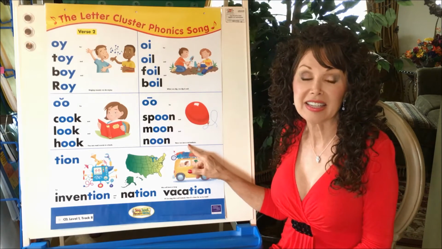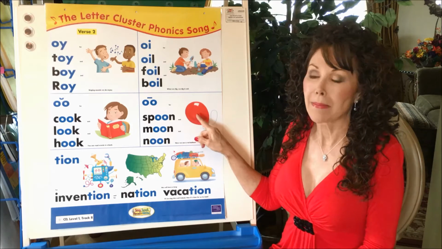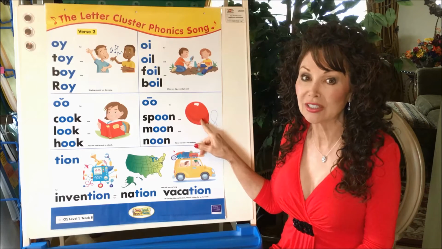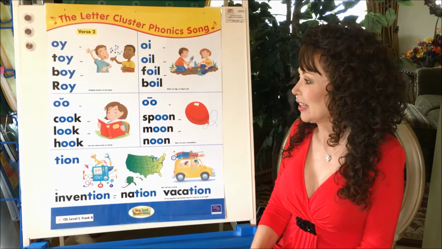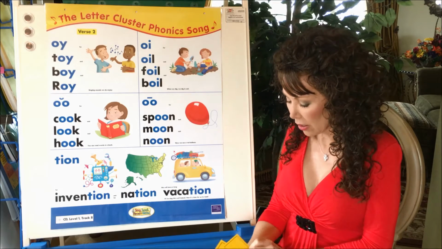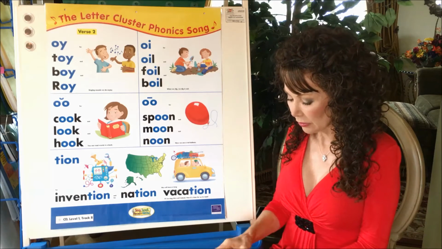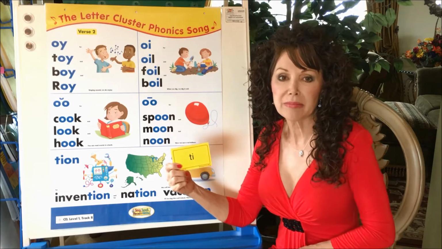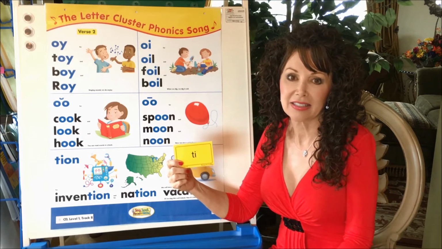Now we see a red balloon. Do you hear the oo at the end of balloon? Very good. All right. And our last one has the phoneme TI in it.